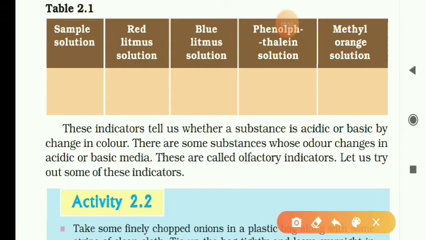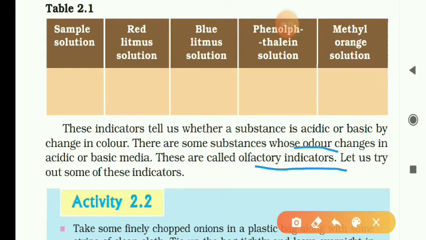These are called olfactory indicators. So, dear students, what do you mean by olfactory indicators? The substances whose odor changes in the presence of an acid or a base are called olfactory indicators. Odor means smell.